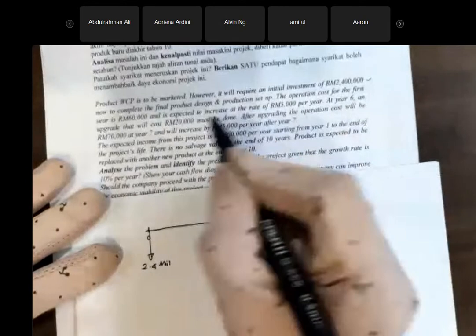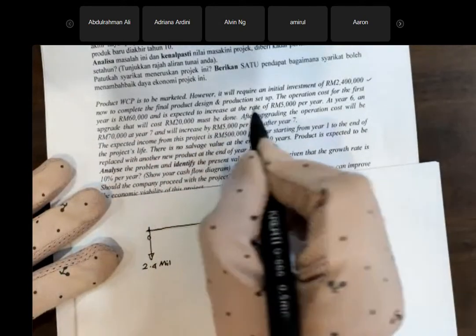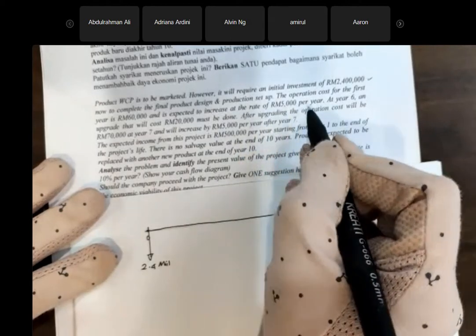The operation cost for the first year is 60,000 and is expected to increase at the rate of 5,000 per year.